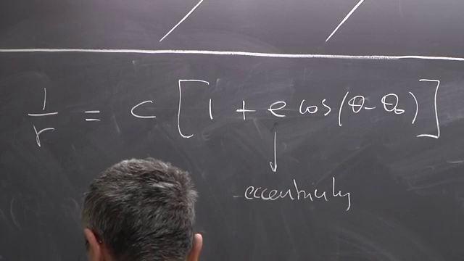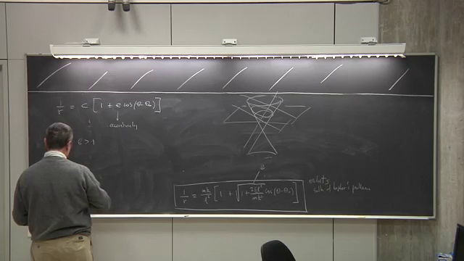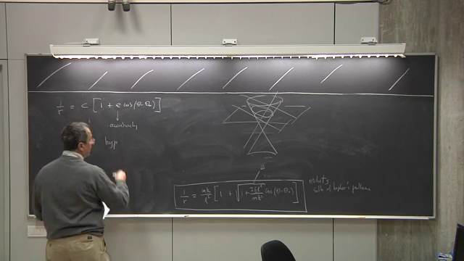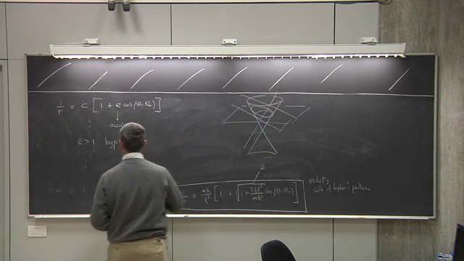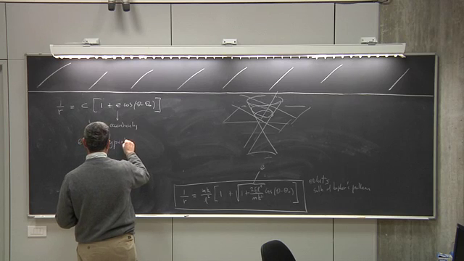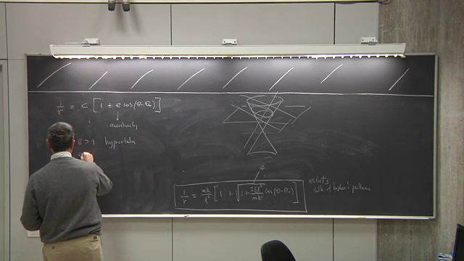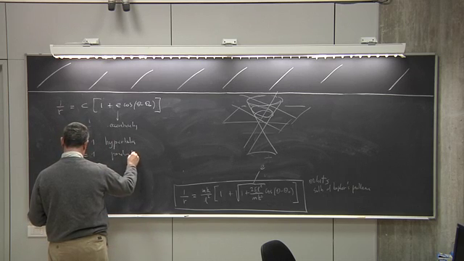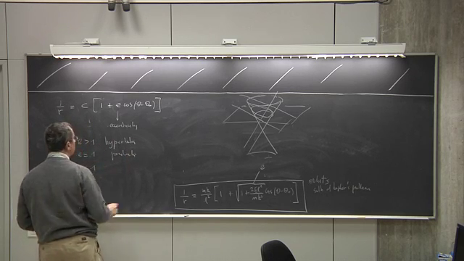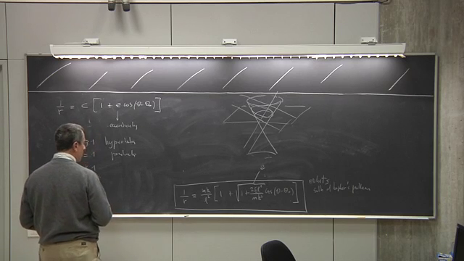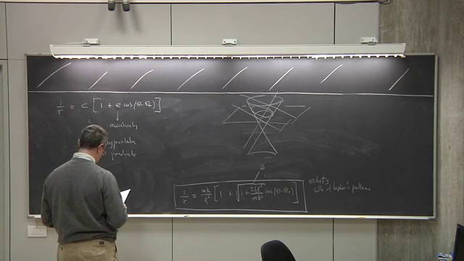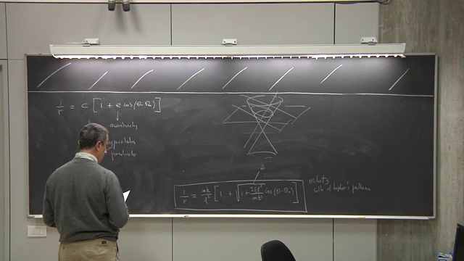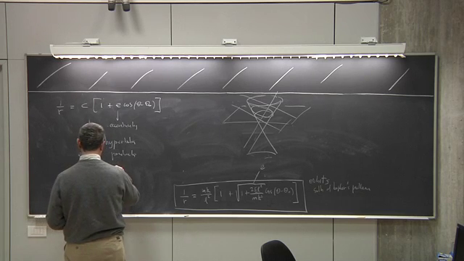And if you have E greater than 1, you have the case I draw here, the hyperbola. If E equals 1, you have a parabola. And if E is between 0 and 1, you have the ellipse.